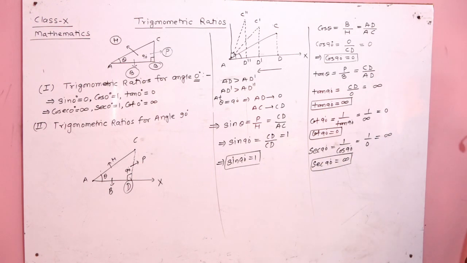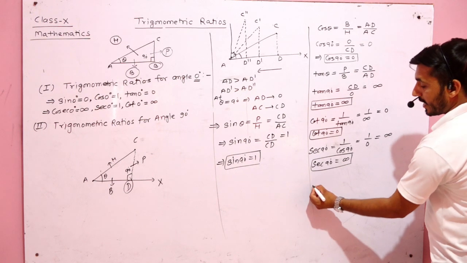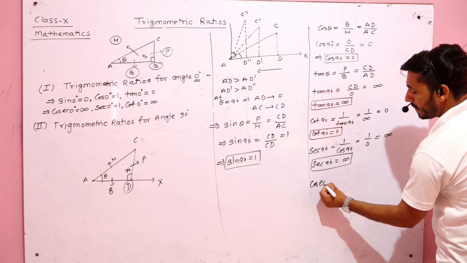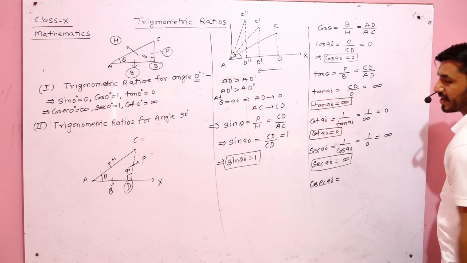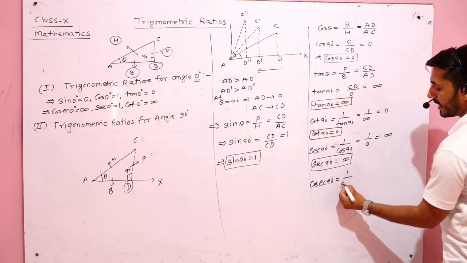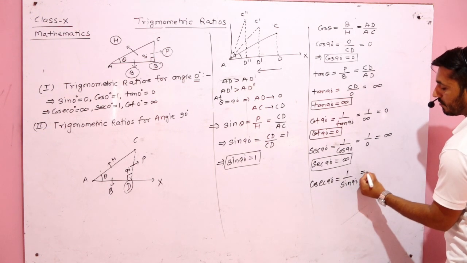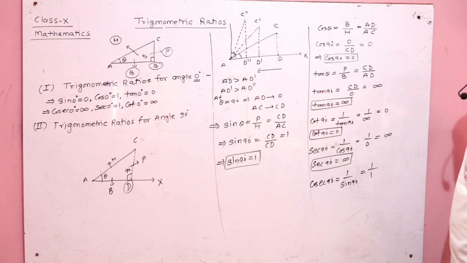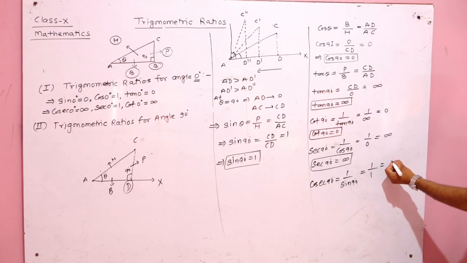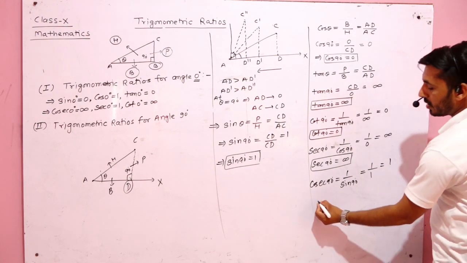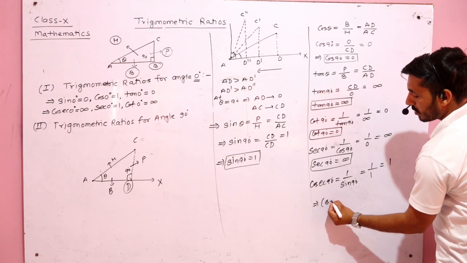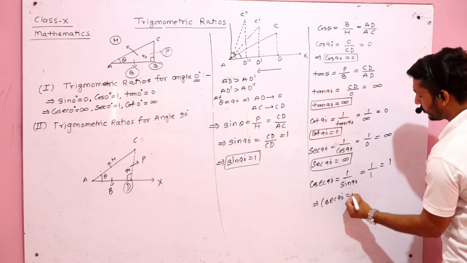Next, cosec 90 is given as 1 upon sin 90. What is the value of sin 90? It is equal to 1. It means 1 divided by 1 is equal to 1. So cosec 90 is equal to 1.